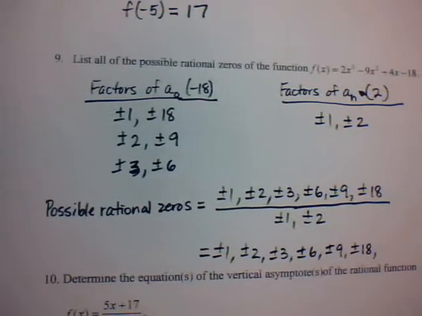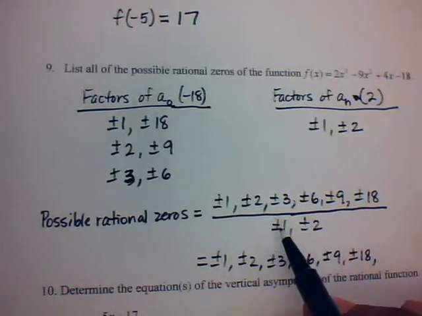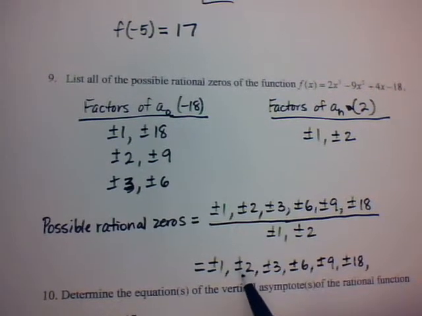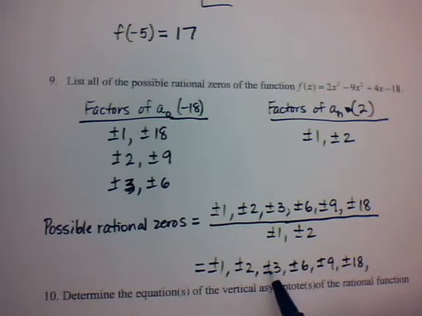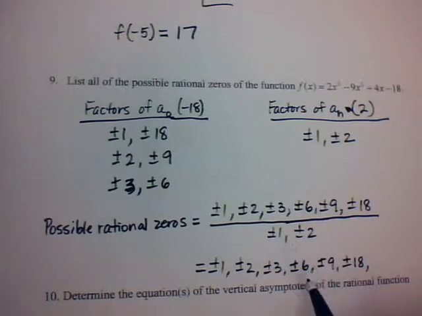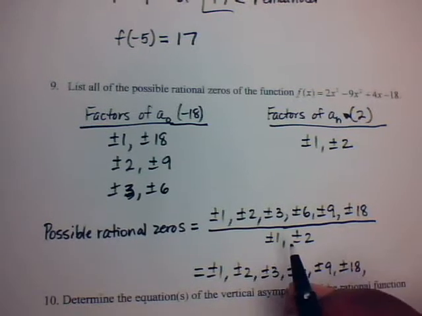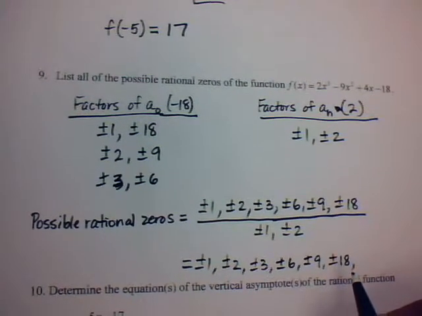I mean, you could go through each one of these one by one. So that means 1 divided by 1 is plus or minus 1. 2 divided by 1 is plus or minus 2. 3 divided by 1 is plus or minus 3. 6 divided by 1 is plus or minus 6. 9 divided by 1 is plus or minus 9. And 18 divided by 1 is plus or minus 18.